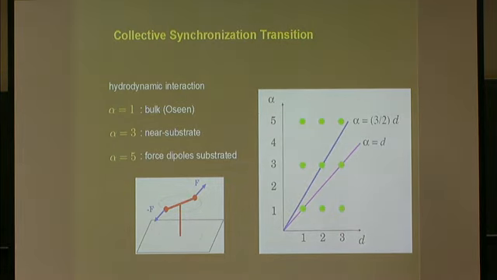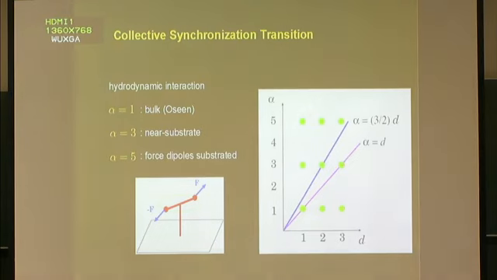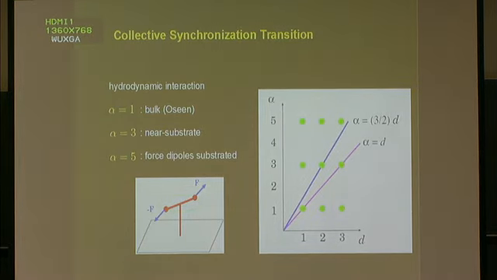But we can tune the exponent alpha by changing the boundary condition. Because in bulk we have the Oseen tensor, alpha equals 1, and when we are near the substrate we have alpha equals 3, and we can also devise a rotor with 2 wings that makes a force dipole.